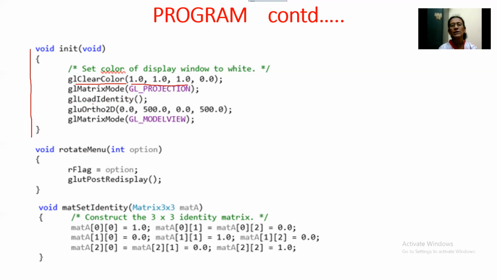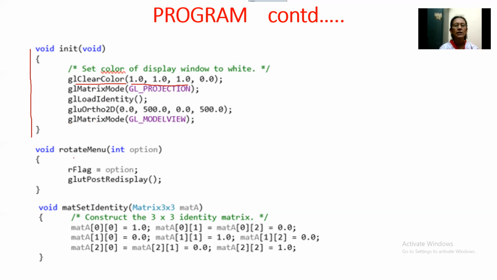Then we initialize it using glLoadIdentity. Next, gluOrtho2D, we are setting the viewing matrix 0, 500, 0, 500. Our window size would be 0, 0, 500, 500. Then we go back to our model view matrix, because we have to draw the triangle. So that is glMatrixMode, GL_MODELVIEW.